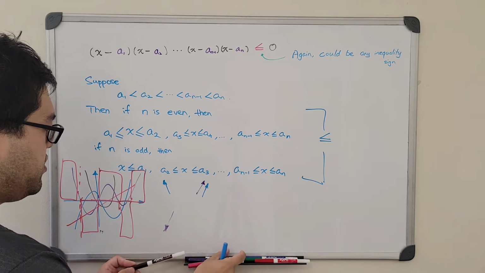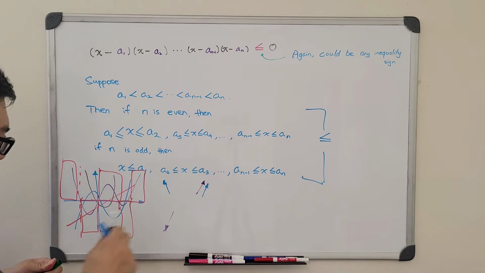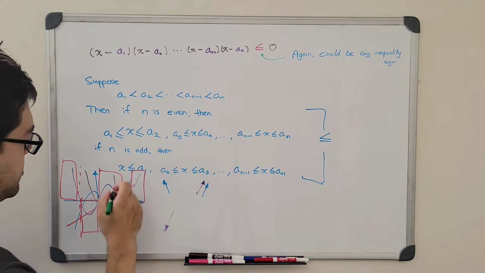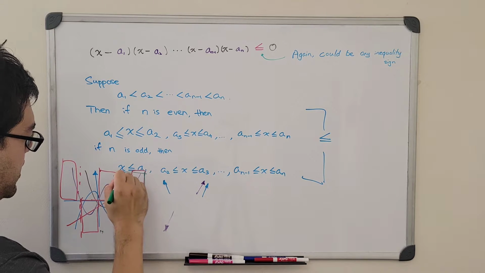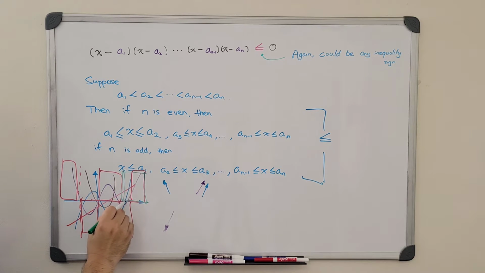Let me use this. So for the odd functions, we can also do the regions like this. So we have positive on the most right, and then the one right before it will be negative, and then the one right before it will be positive, and then it will end up with negative at the end, like this.